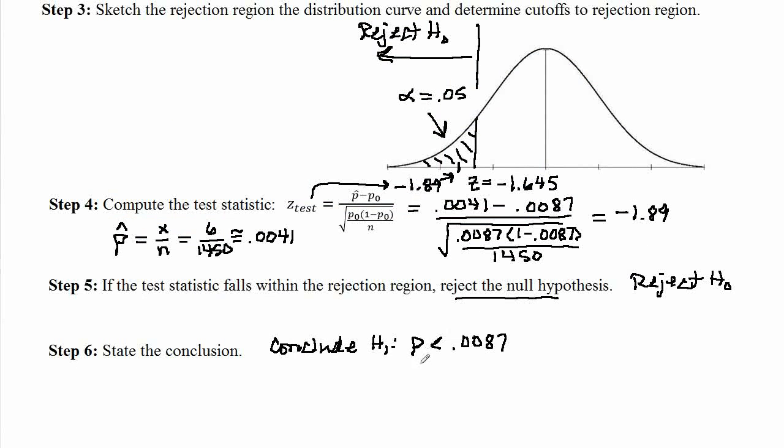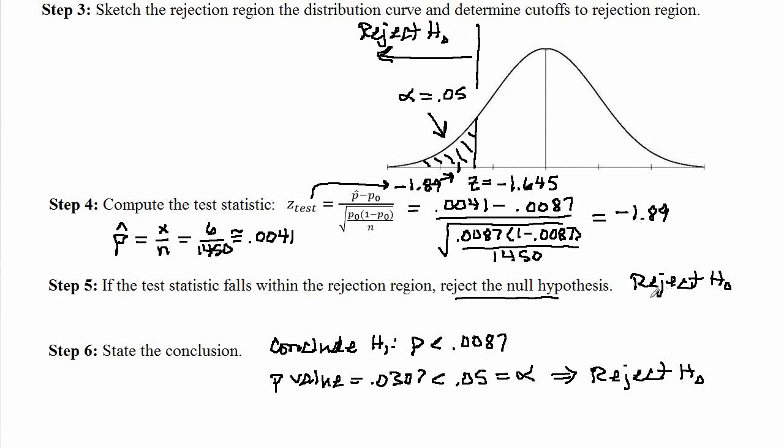So if we did this from p-values, notice that our p-value equals 0.0307, which is less than 0.05, which was our alpha. And remember, if your p-value is less than alpha, then this is telling you that you reject the null hypothesis. You reject H0, which is what was indicated up here because our test statistic fell in the rejection region.